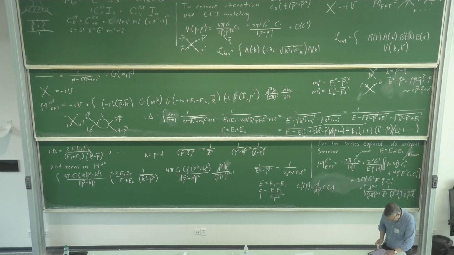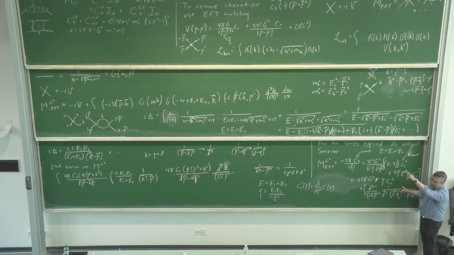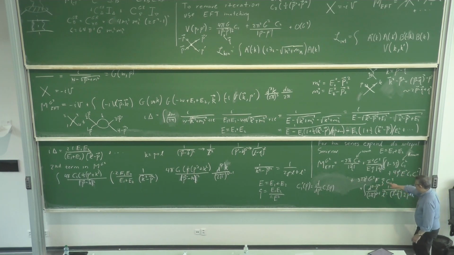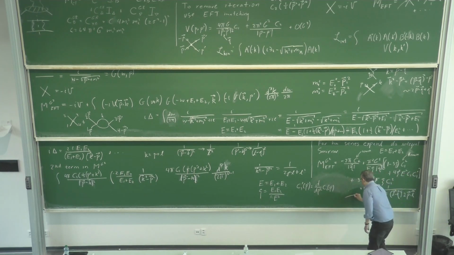Okay. And classical order, we're looking for this piece here. Now, the reason why I'm not going to do that integral is because we can match it to the full theory. I'll show you how to do that. So this integral, this is our friend, the iteration.